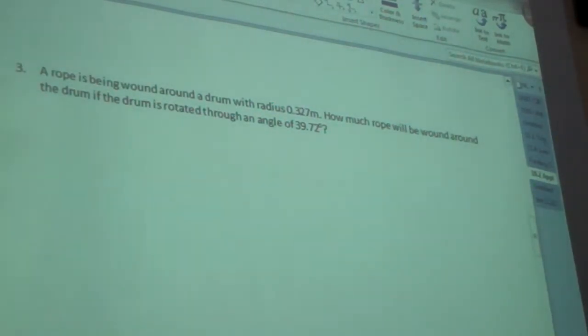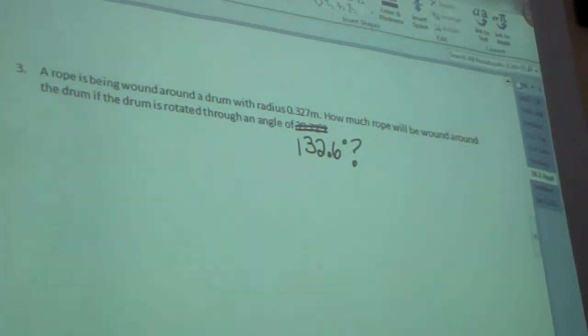A rope is being wound around a drum with radius 0.327 meters. How much rope will be wound around the drum if the drum is rotated through an angle of 132.6 degrees?